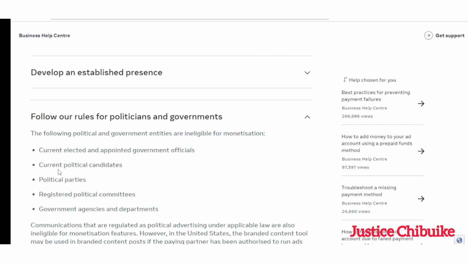Okay, here they say follow our rules for politicians and governments. Here Facebook has made it known that the following political and government entities are ineligible for monetization: the current elected and appointed government officials, current political candidates, political parties, registered political committees, government agencies and departments.